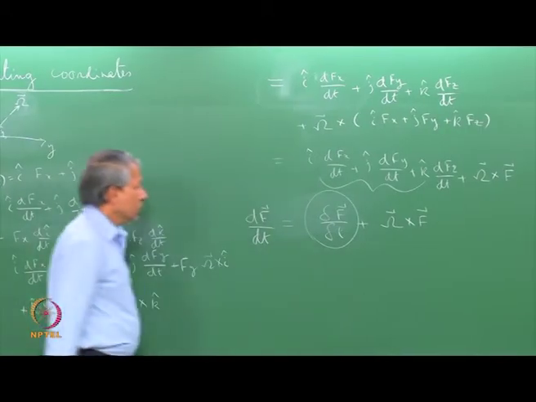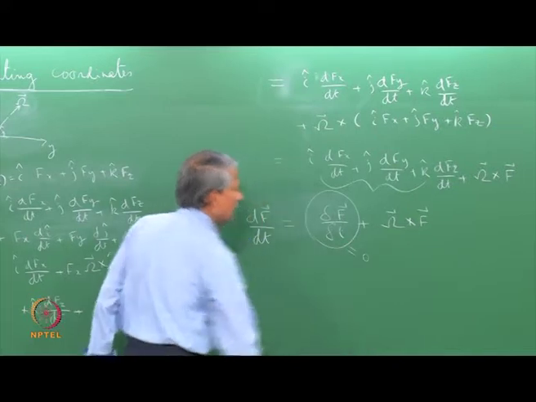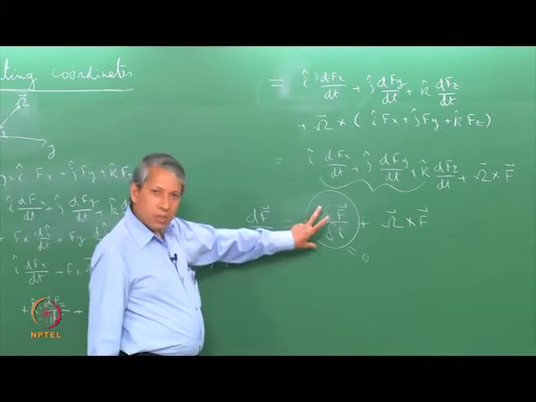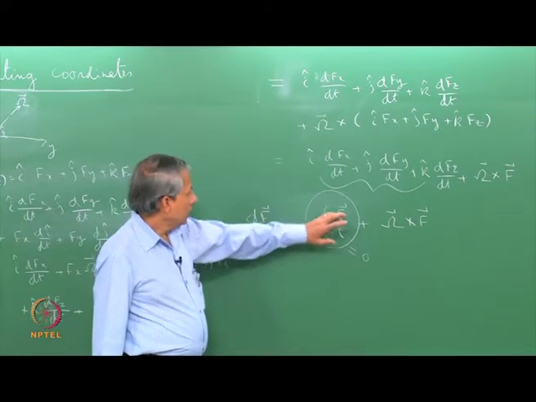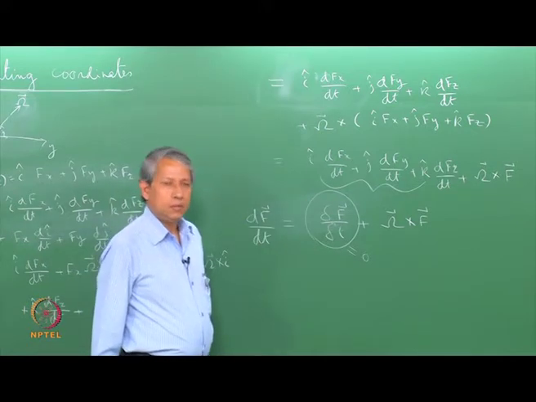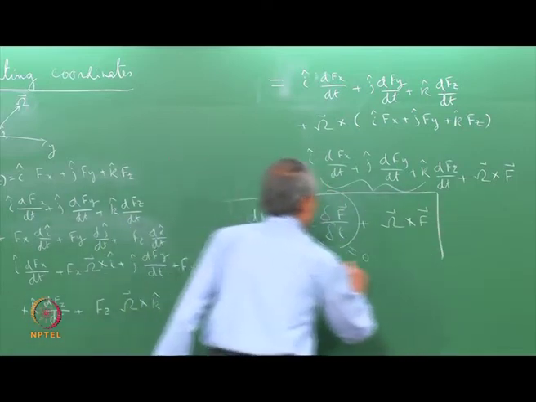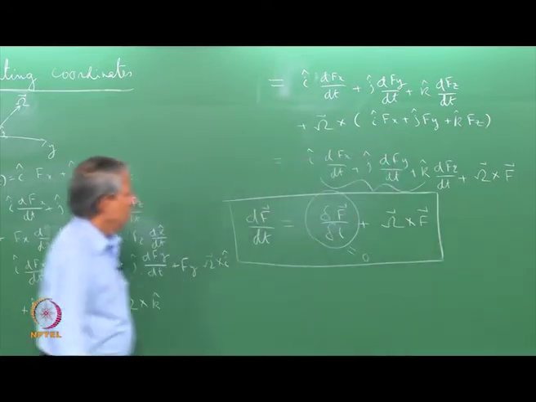So, it also shows that if this term is 0, then with respect to the rotating coordinate system, the three components of this vector f do not change. So, this is the equation we will find very useful.